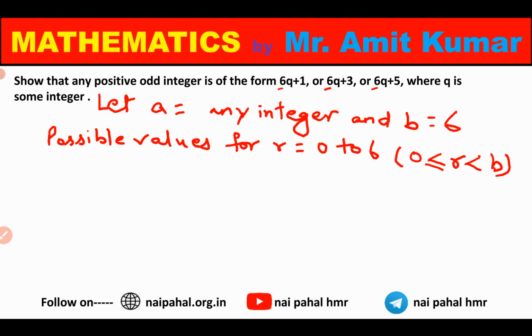So we can write the possible values for r will be 0, 1, 2, 3, 4 and 5. If we are taking these values, then what can we say?